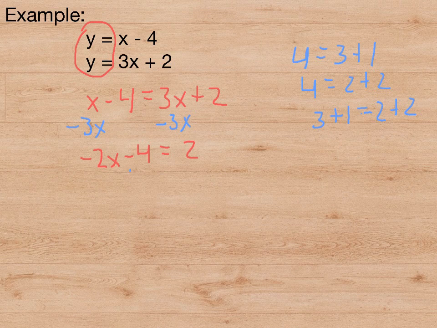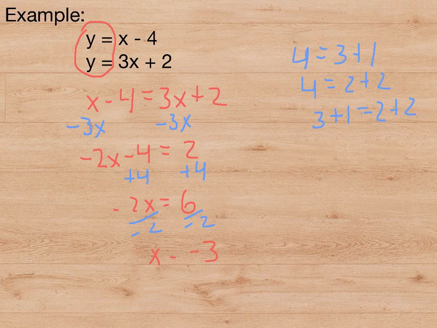Now I'm going to move my constants to the same side. So now I have negative 2x equals 6. And then, of course, I'm going to finish up with a division. And in this case, x will equal negative 3.